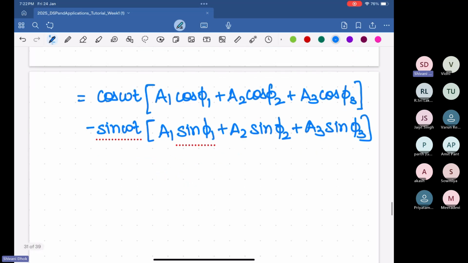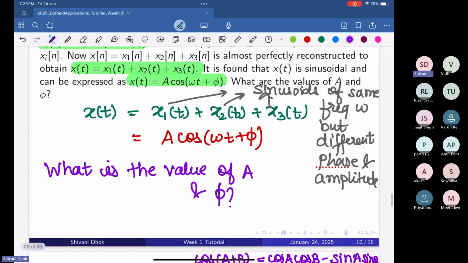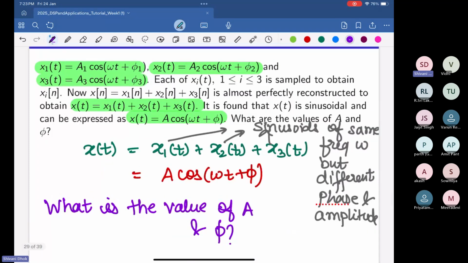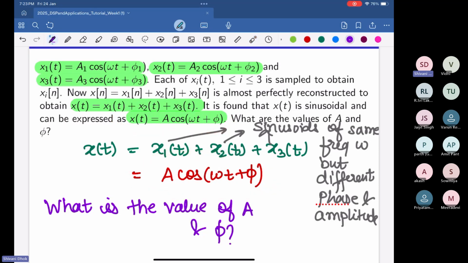So we know that this entire thing is equal to a cos omega t plus phi. It is given to us here. It takes this particular form. So now let us simplify this.